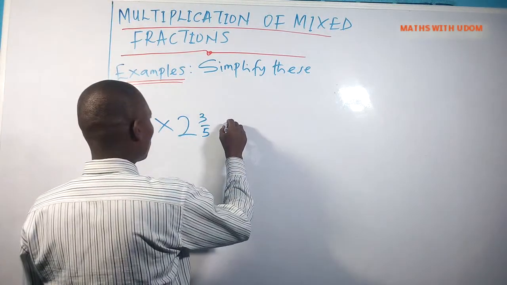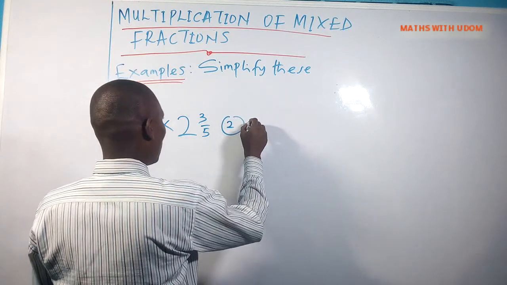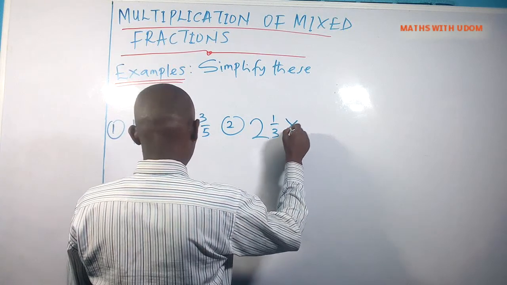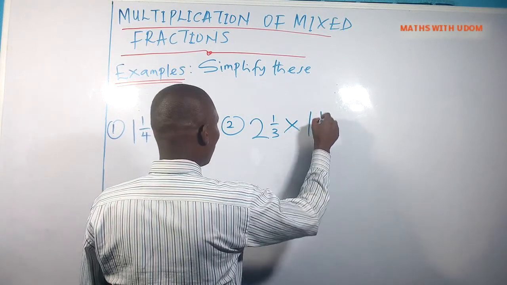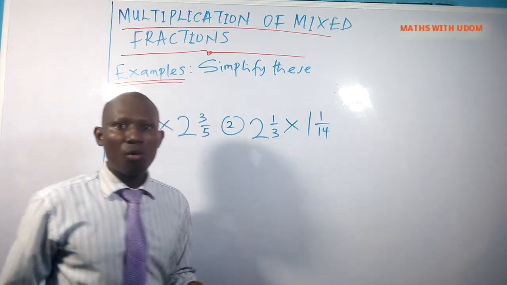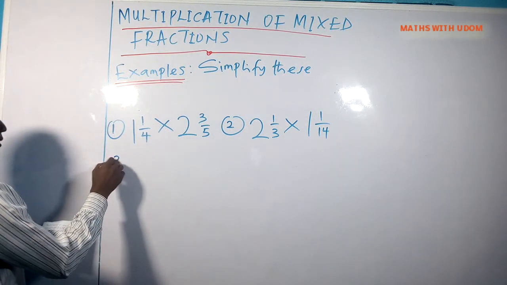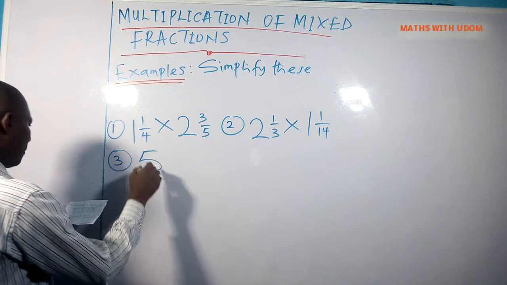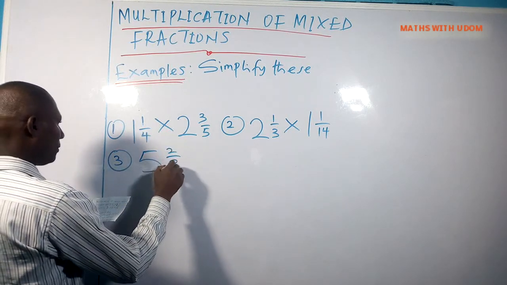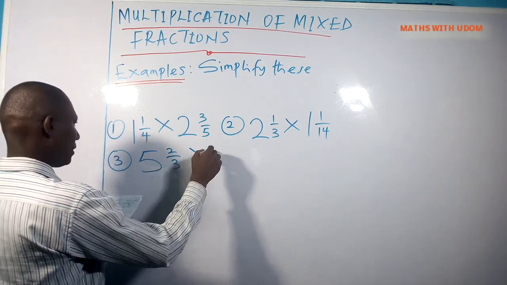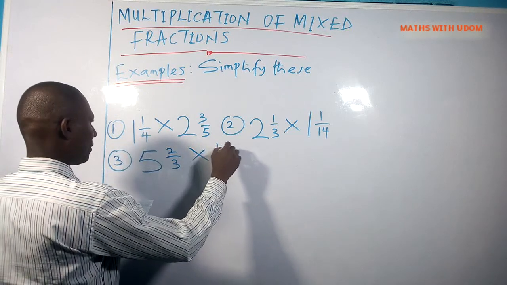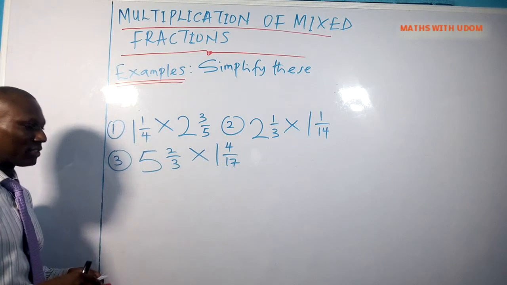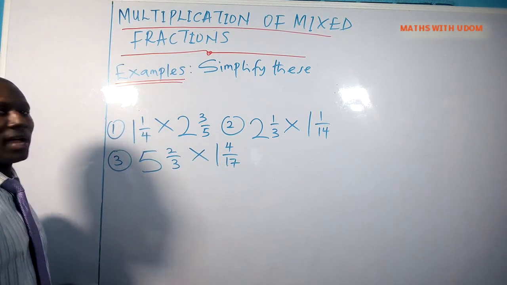Number two, we have 2 whole number 1/3 times 1 whole number 1/14. And thirdly, number three, we have 5 whole number 2/3 times 1 whole number 4/17. So these are our examples.